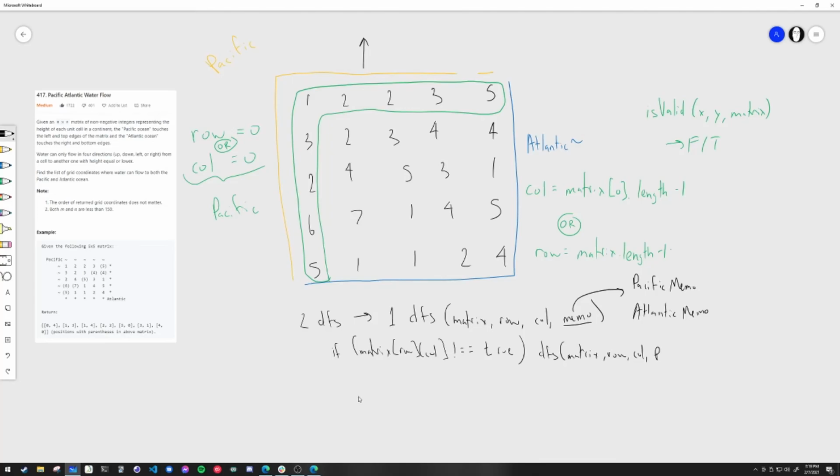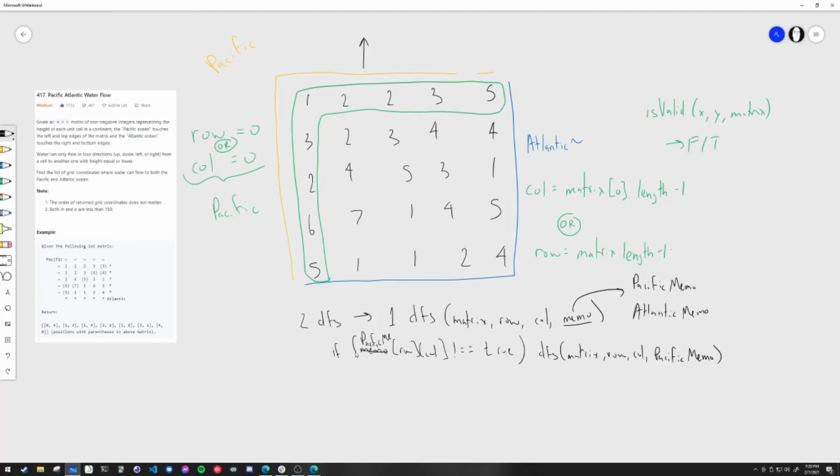Did you mean memo? Pacific memo. Did you mean to put memo inside the if? Oh, right here? Yes, I did. Sorry, I meant to say memo. I put matrix though. Thanks for catching that. So we put memo here, Pacific memo.